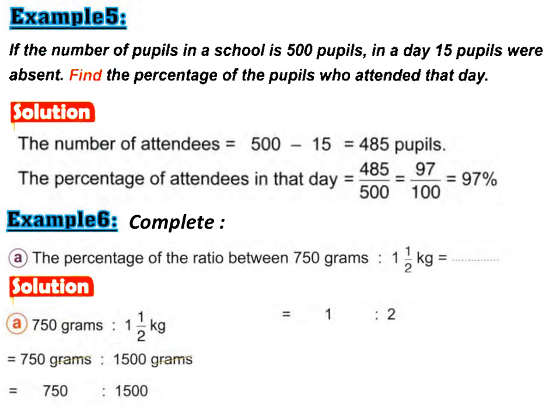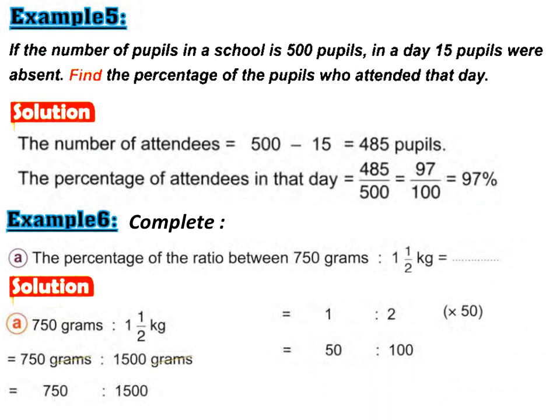1 to 2. The second term does not equal 100, so to convert it into a percentage, we convert it into a fraction, 1 over 2, and multiply it by 100% to get 50%. Multiplying the first term and second term by 50, it will be 50 to 100.